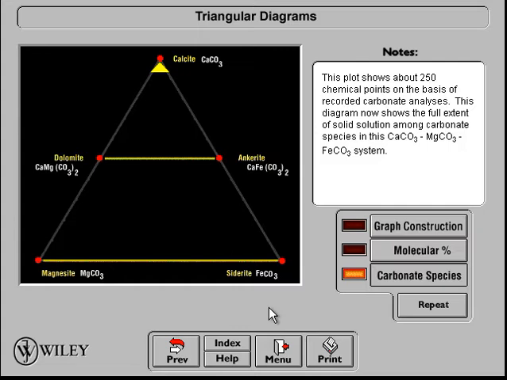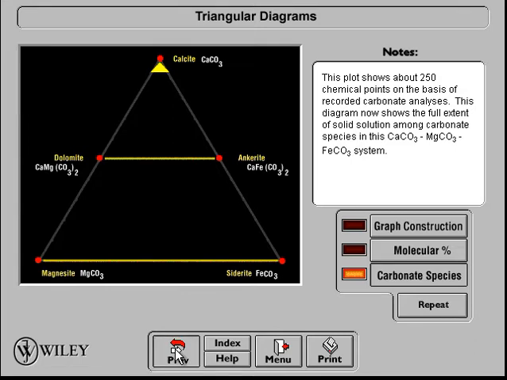This diagram now shows the full extent of solid solution among the carbonate species in the calcium carbonate, magnesium carbonate and iron carbonate system. So that was now everything to the graphical representation using binary systems and using ternary systems as well.